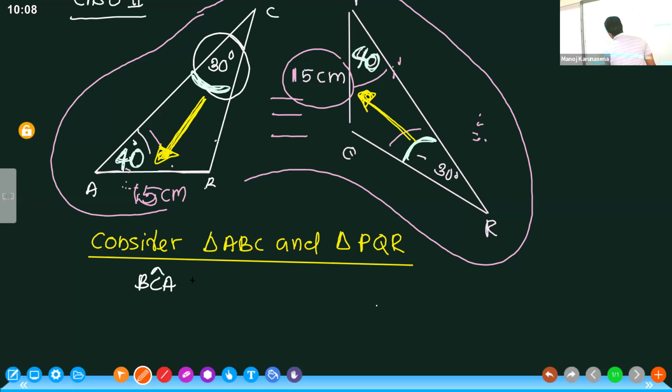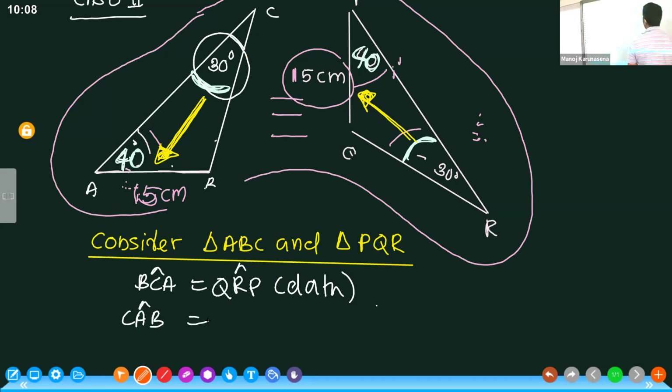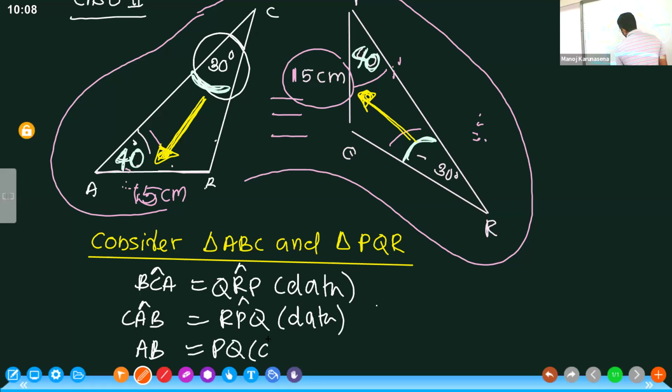Angle BCA equals angle QRP, reason is data. Angle CAB equals angle RPQ, and side AB equals PQ, data.